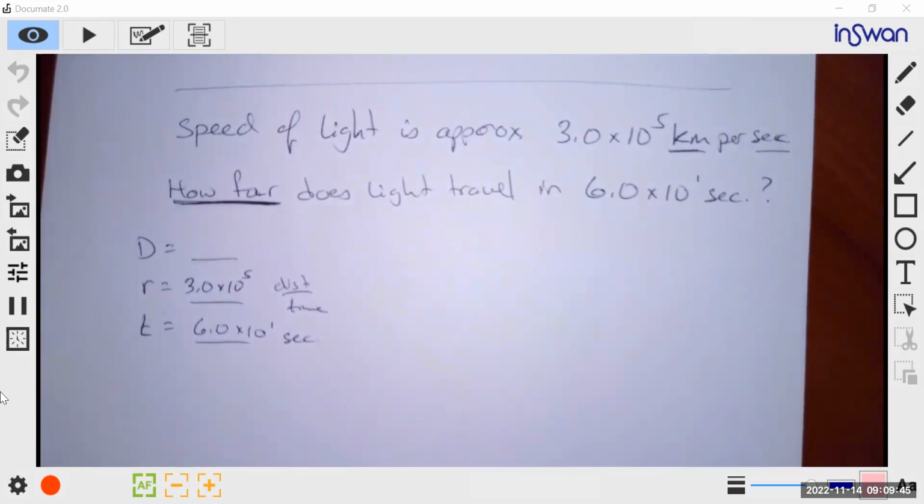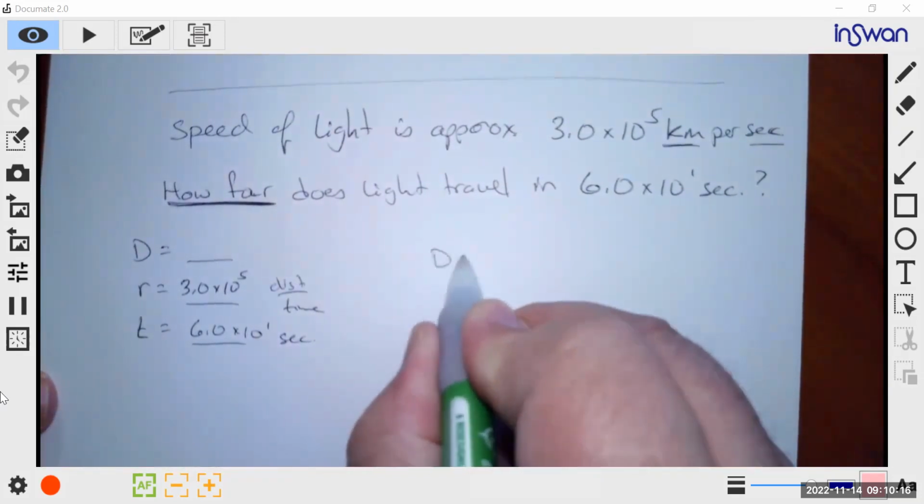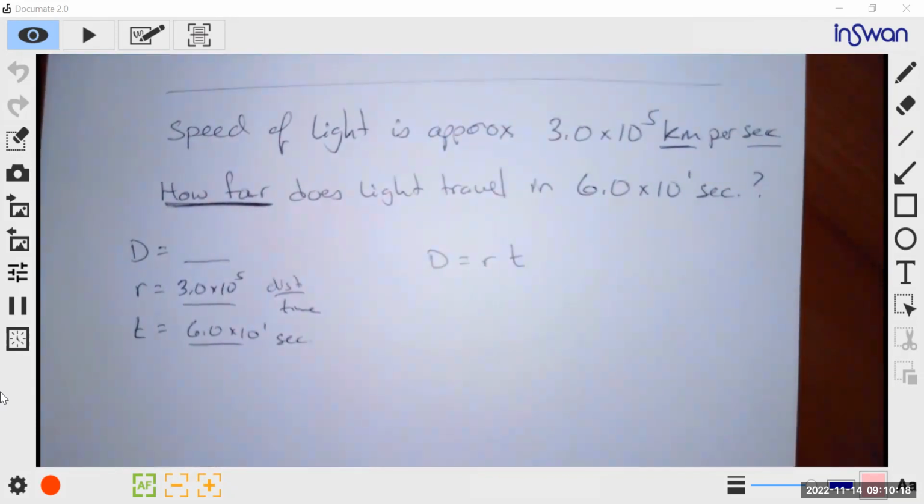With the application part, you have to play two games. The mathematical part, that's the easy part. But what you're reading here, when I say distance, what unit are we talking about when we talk about distance? Miles, feet, inches. Time is always in seconds, minutes, hours. So rate is miles per hour, feet per second, inches per year. So we put what we have.